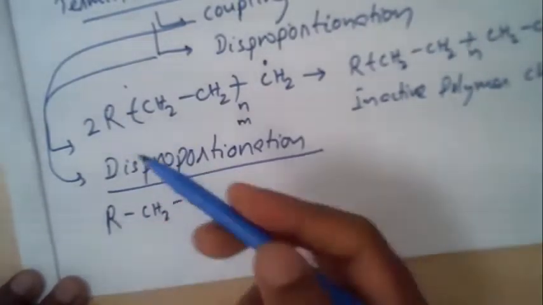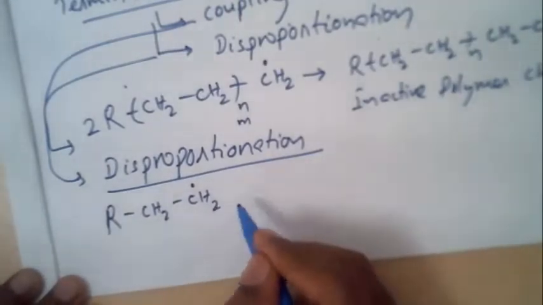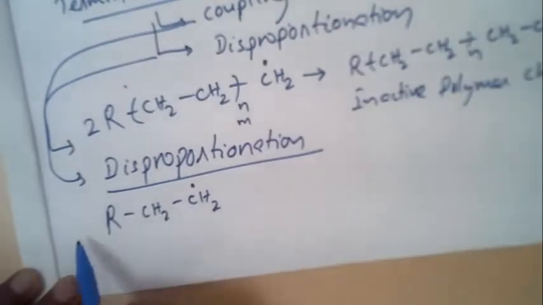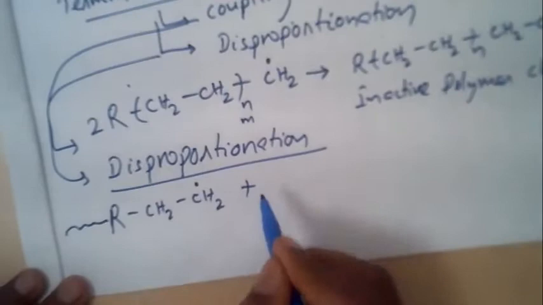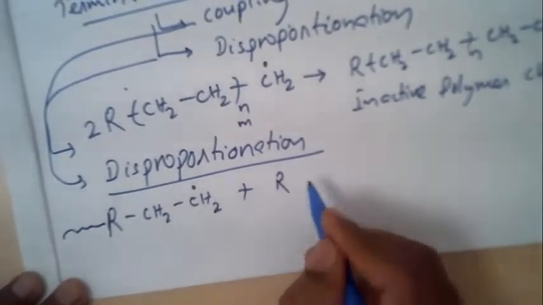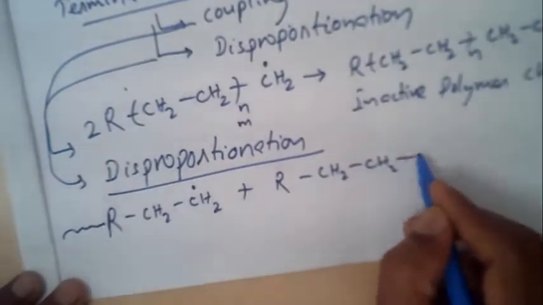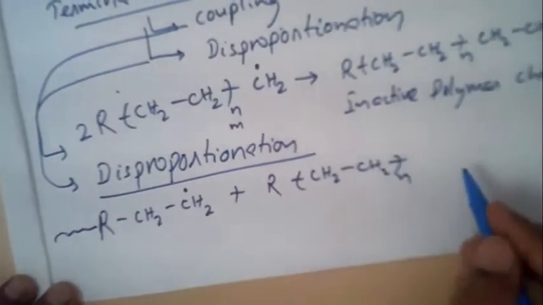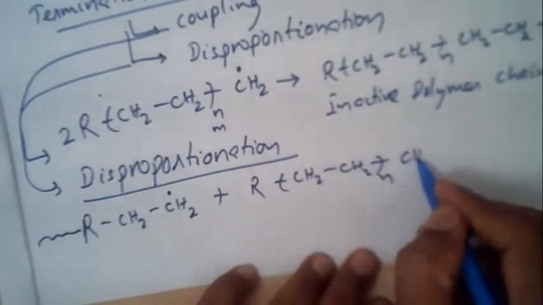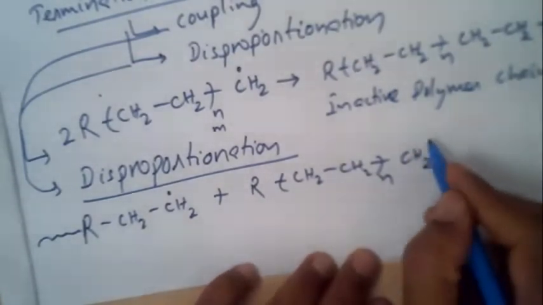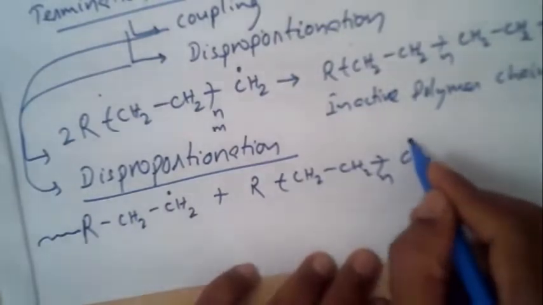This R could be chain or maybe the initiator itself. Just a representation, it really doesn't matter. Or you can simply say this is a chain here. Plus R CH2, let's say you have radical like this.